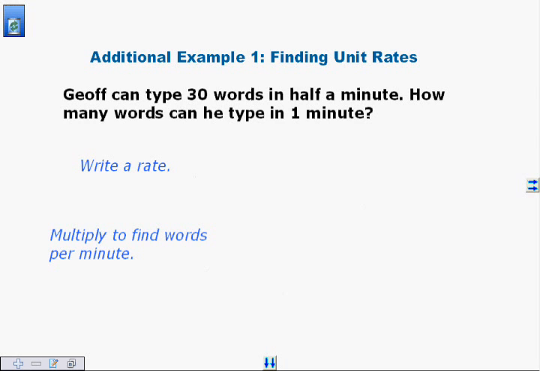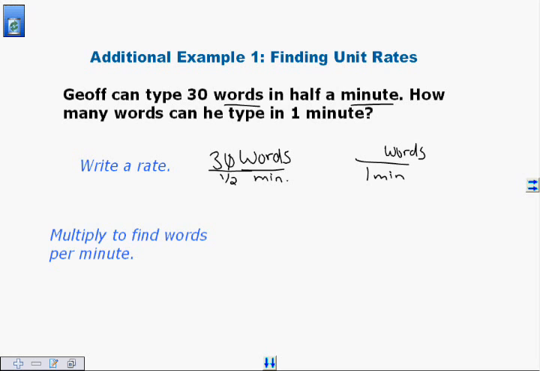Here's an example, finding unit rates. Geoff can type 30 words in half a minute. How many words can he type in 1 minute? Write the rate. We have words and we have minutes. Always start with this. We do 30 words in half a minute. You could also write 1/2 or 0.5 if you like. How many words can he type in 1 minute? So we need 1 minute, and we're looking for the words.